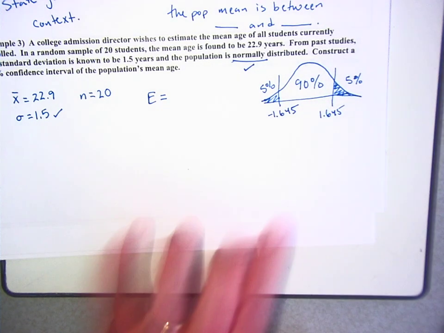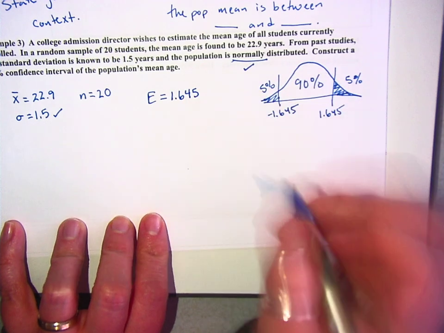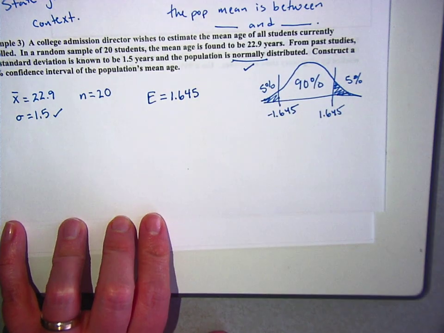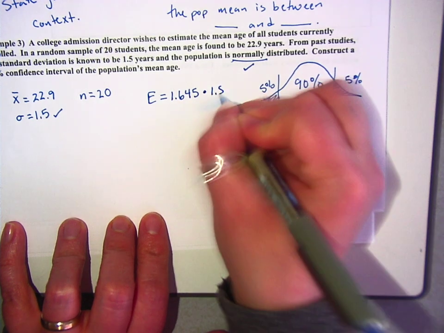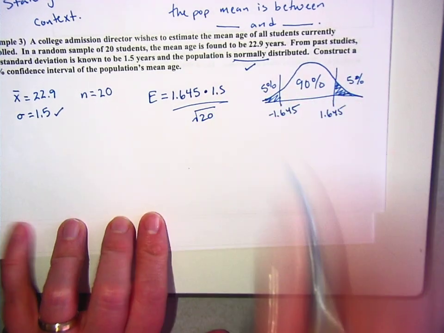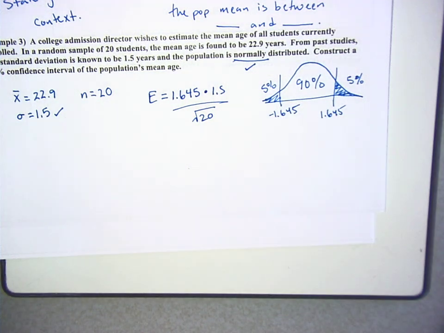If you look back at the homework assignments we've done before, every time they did one where they were exactly splitting it, it was one of these percentages that constantly comes up. Times 1.5 divided by the square root of 20. Okay, so put that in your calculator.